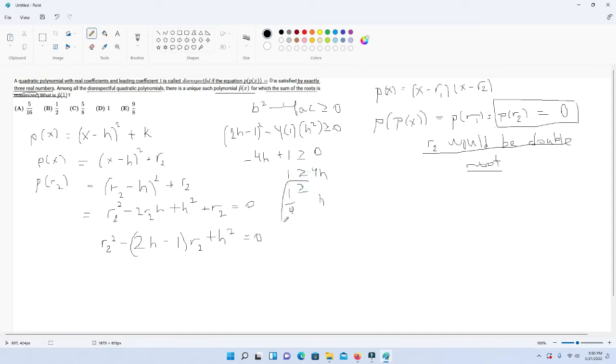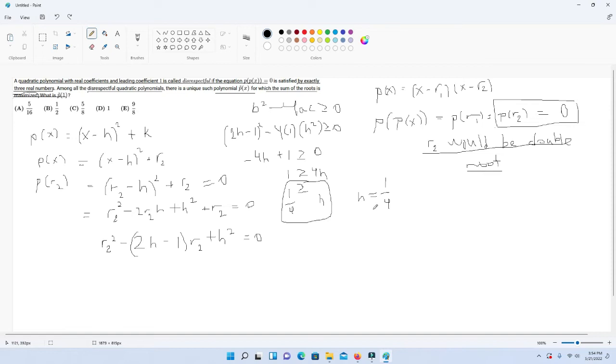However, it wants you to maximize the sum of the roots, which in this case would be our h. So maximizing this, we would just take h equal to 1/4.